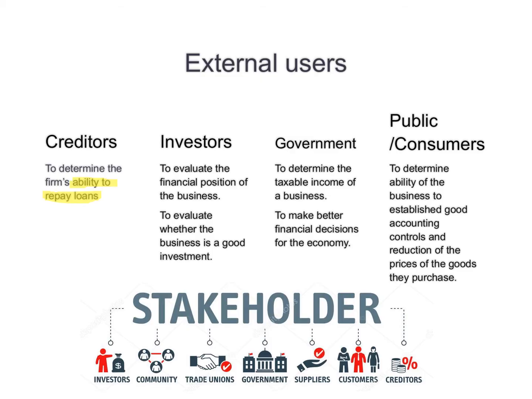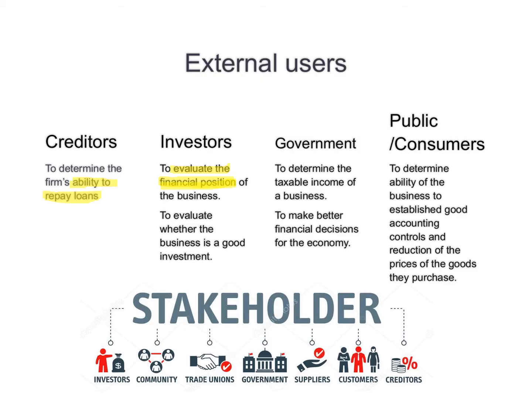And then investor ni dia nak evaluate the financial position of the business. Okay, kalau financial position dia bagus, maksudnya the business is a good investment. Okay, dia nak evaluate whether the business is a good investment. Kalau business tu asyik rugi, dia mesti tak nak invest kat situ, right?